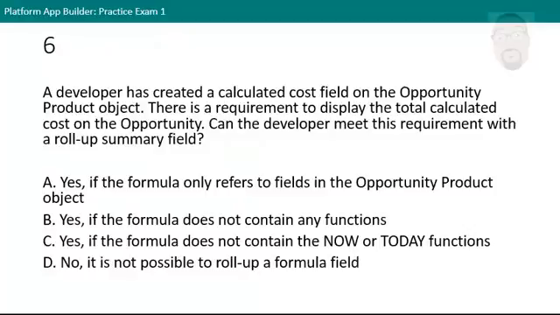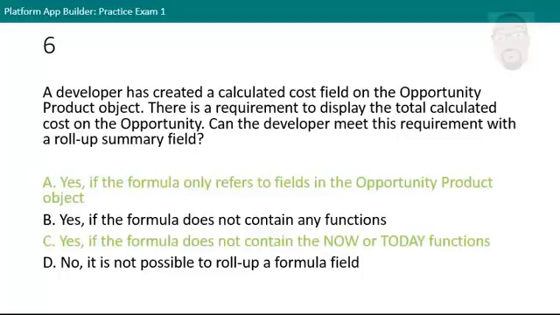A developer has created a calculated cost field on the opportunity product object. There is a requirement to display the total calculated cost on the opportunity. Can the developer meet this requirement with a roll-up summary field? Yes, if the formula only refers to fields in the opportunity product object, and yes, if the formula does not contain the now or today functions.